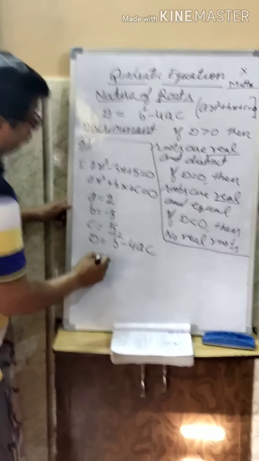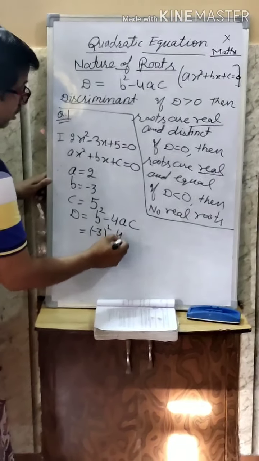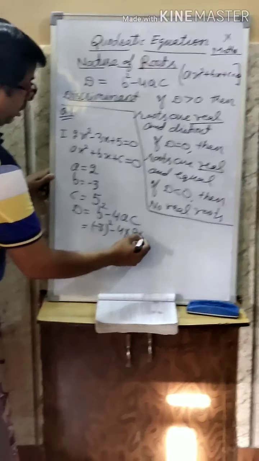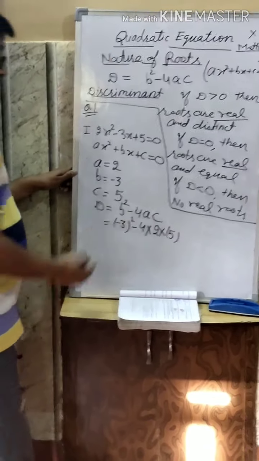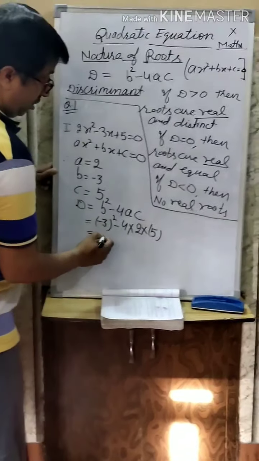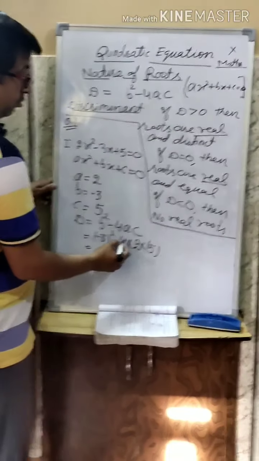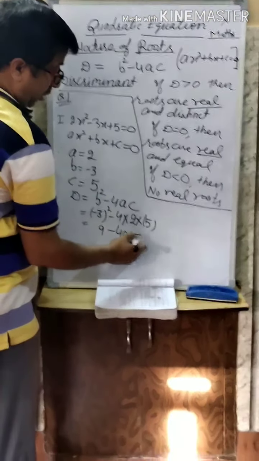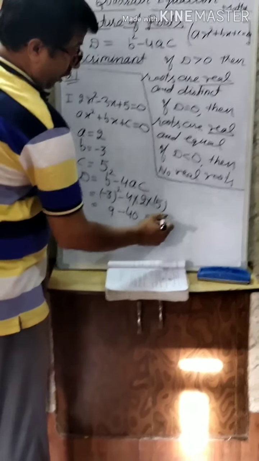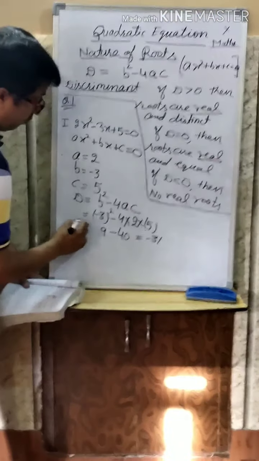So b square is minus 3 square, minus 4 into a into c, 5. Clear this? So minus 3 square is 9, 4 twos are 8, 8 fives are 40. So 9 minus 40 is minus 31.